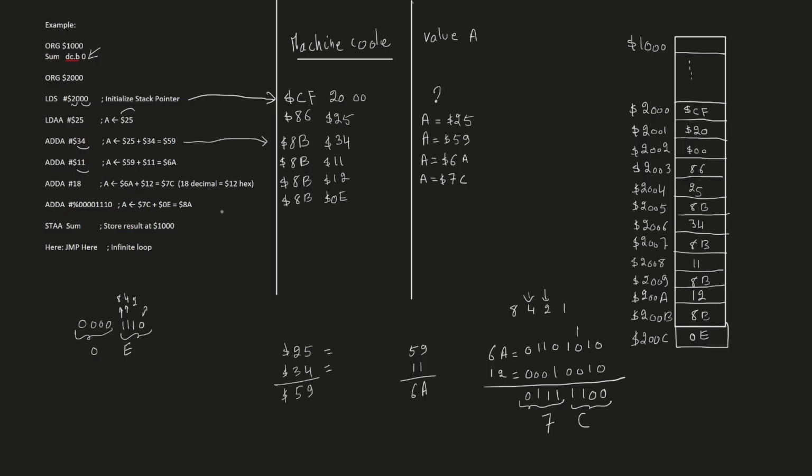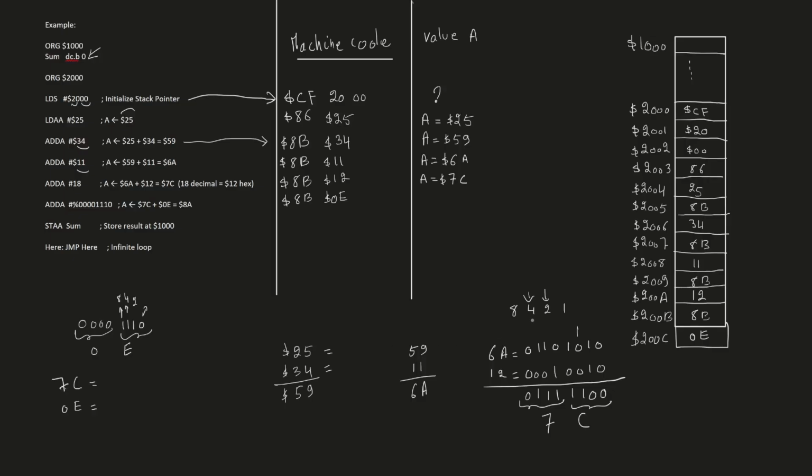And then after this instruction, we add 00001110, which in hexadecimal is 0E. So we're going to add 7C, I'm going to write it here, plus 0E. To add them, it's better to convert them to binary.